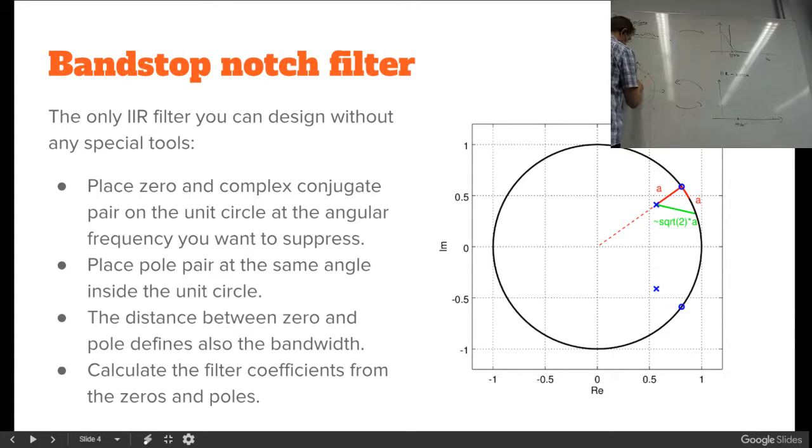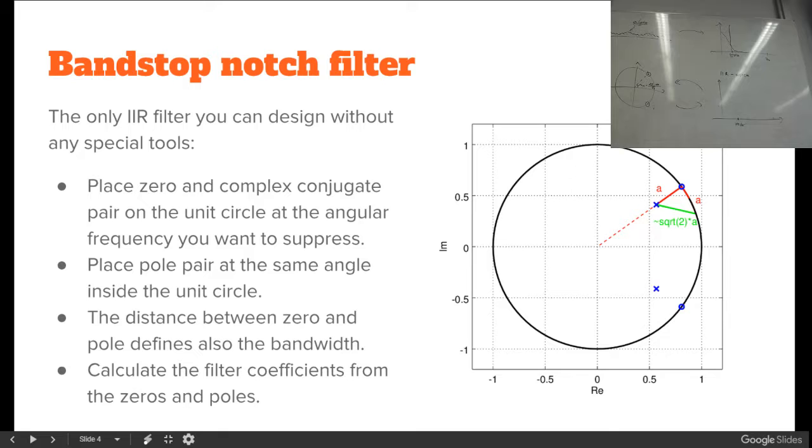Somewhere in here, you have the omega n equals 2 pi times 100 hertz divided by sampling rate. That will be the angle. Also a complex conjugate pair here. And that's your notch angle.